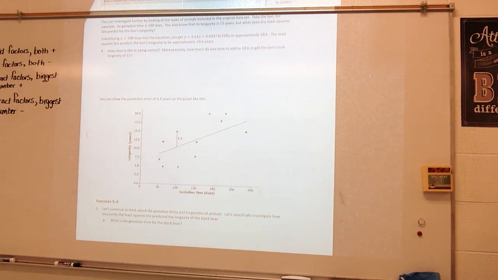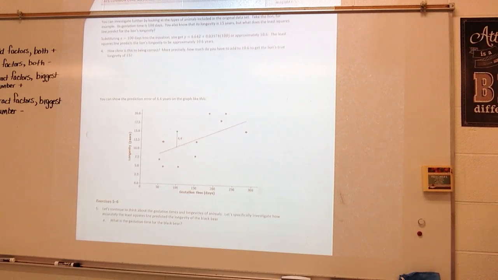How close is this to being correct? More precisely, how much do you have to add to 10 6/10 to get the lion's true longevity of 15? So we predicted 10 6/10 for the longevity of the lion. And it was actually 15 years.